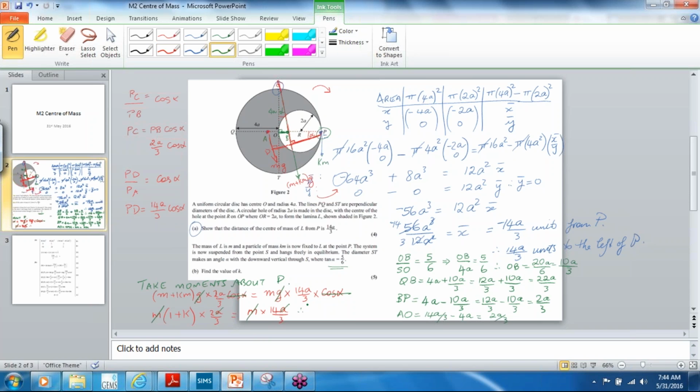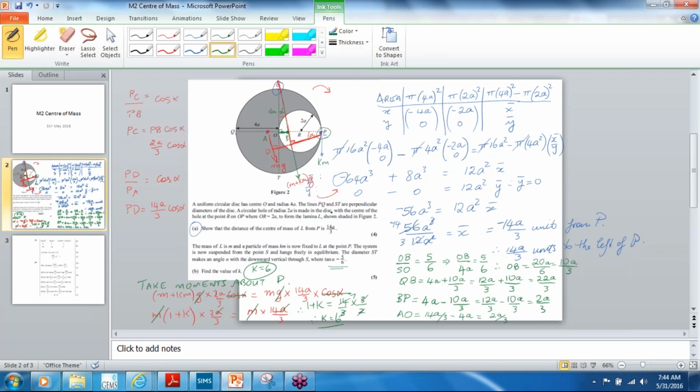Therefore, 1 plus k equals 14 over 3 times 3 divided by 2, and that will be 7. 1 plus k equals 7, therefore k equals 6. So k equals 6.